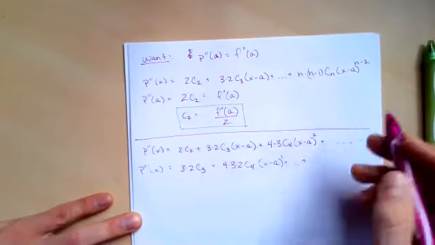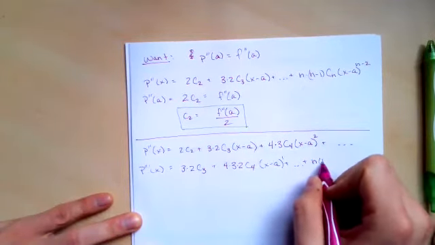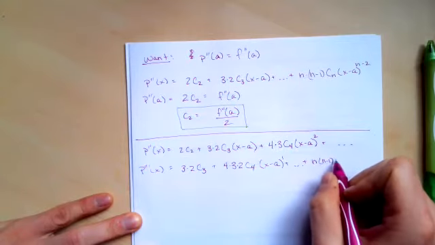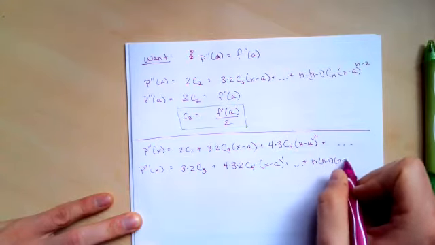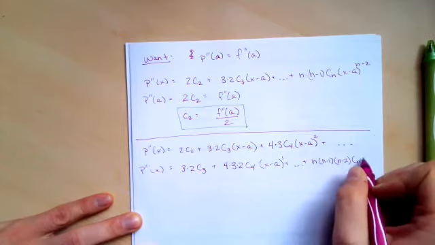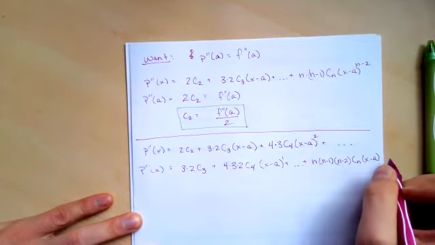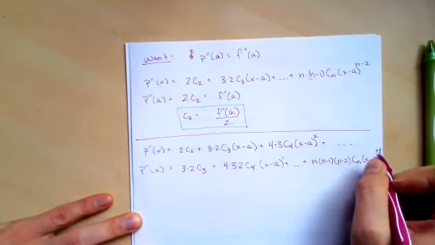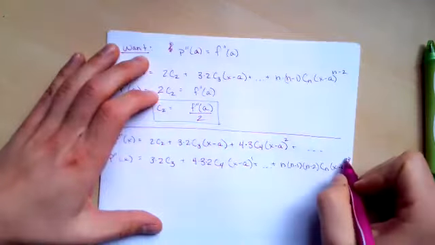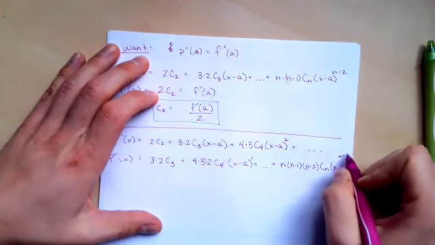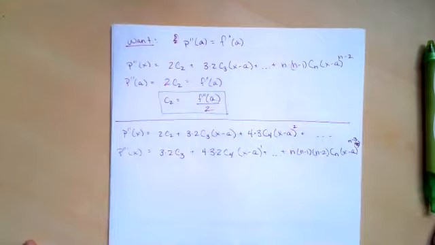And so our last one will be n times n minus 1 times n minus 2, and degree n minus 3 on that last term. Sorry for trying to squeeze that in.